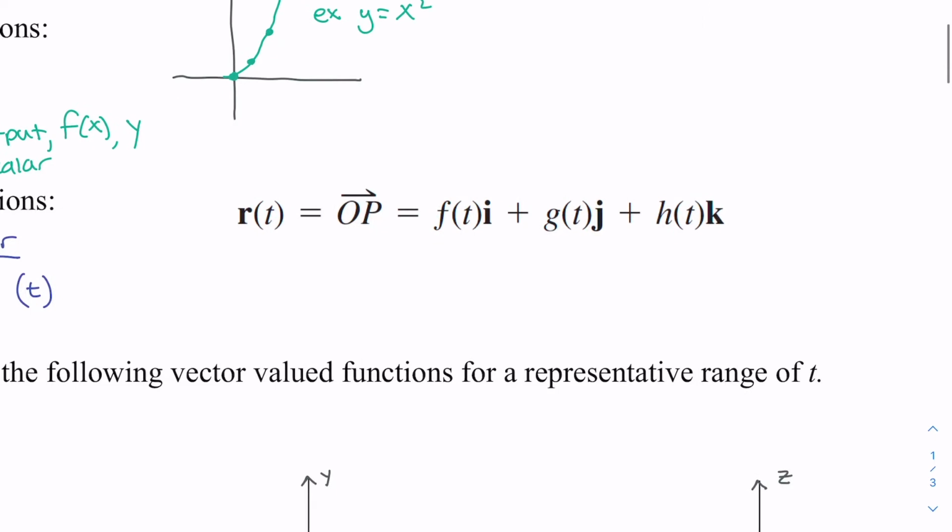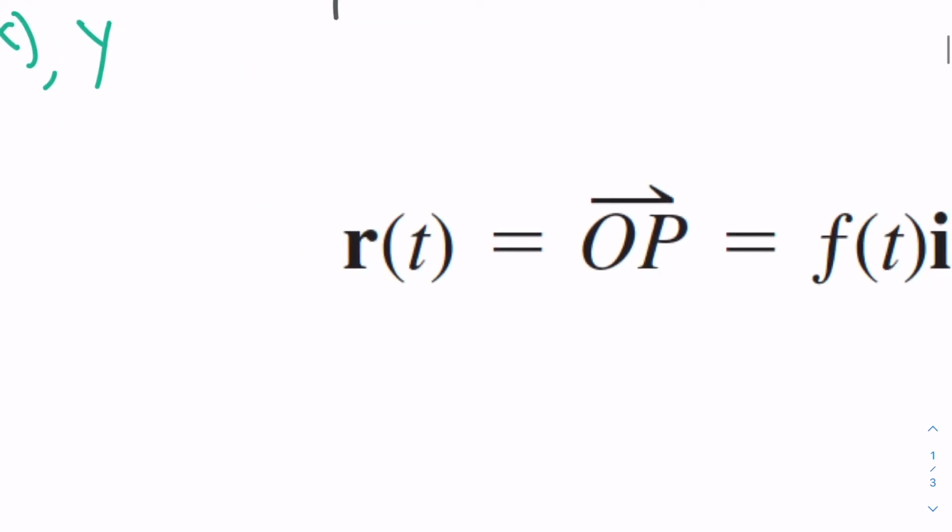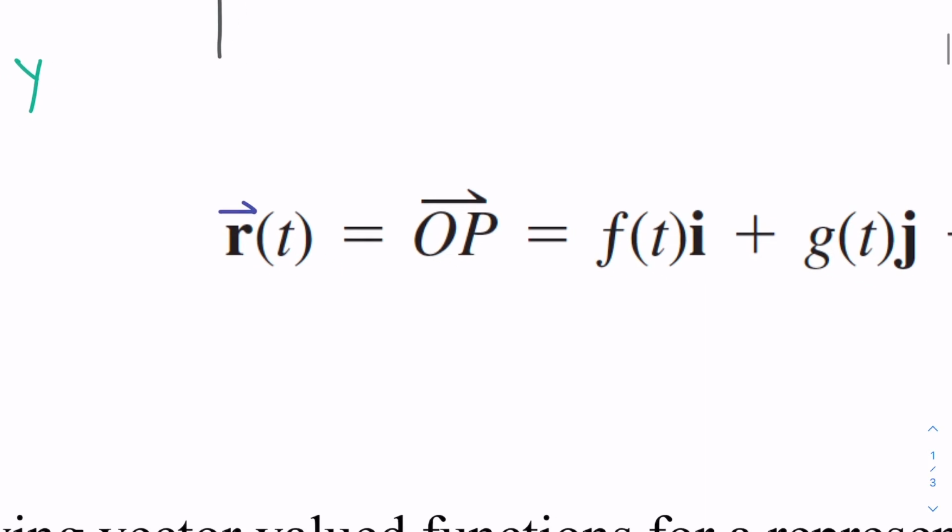So here we have r of t, and if you notice, that notation is a vector. So the output is saying r of t is a vector. That's what that bold r means. It is equal to a vector from the origin, that's what this OP means, from the origin to the output point.